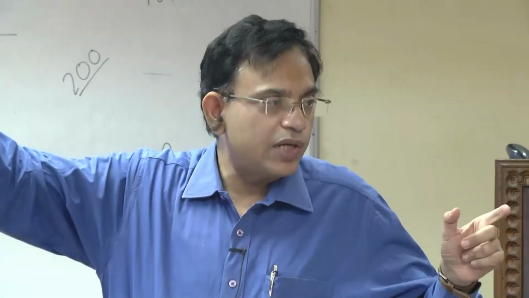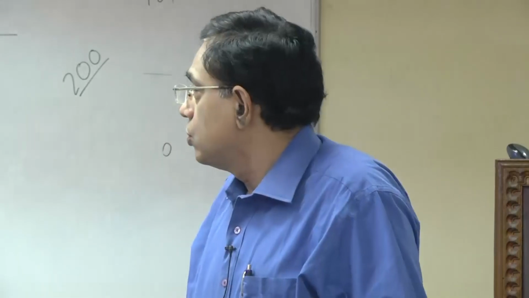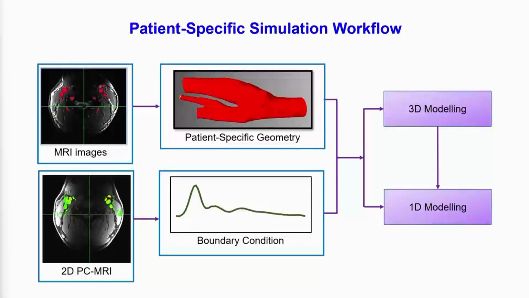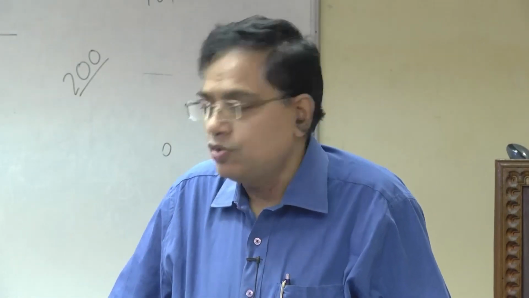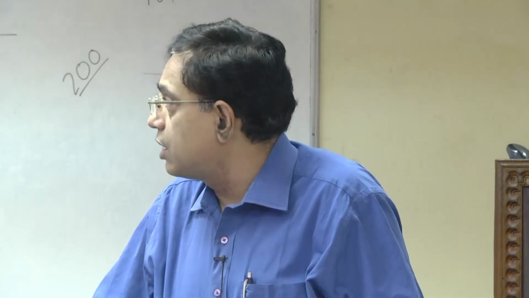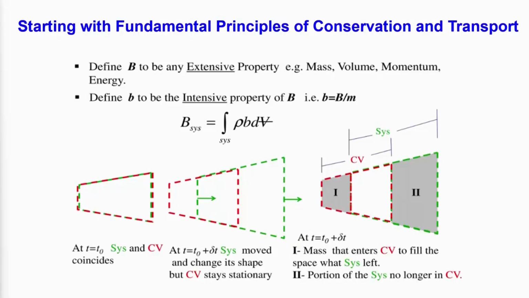That means it is not completely like a straight pipe, but locally pieces of such 1D capillaries. That is called 1D modeling, and because the order is 3D, converting that 3D to 1D is also known as reduced order modeling. Somehow you are reducing the dimensionality.